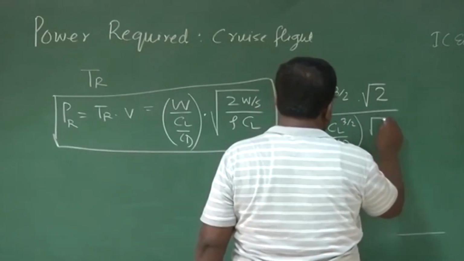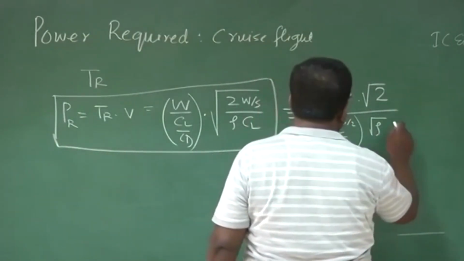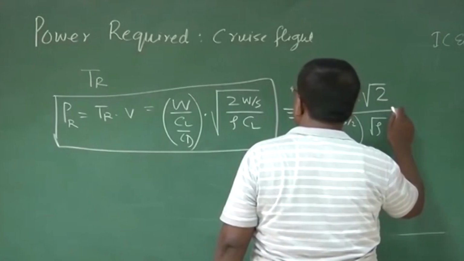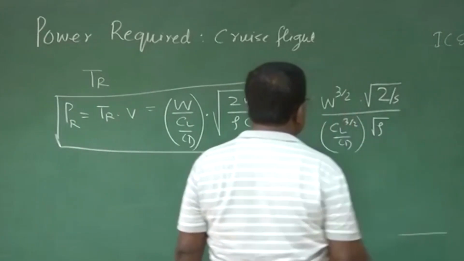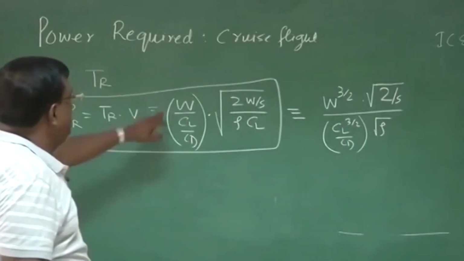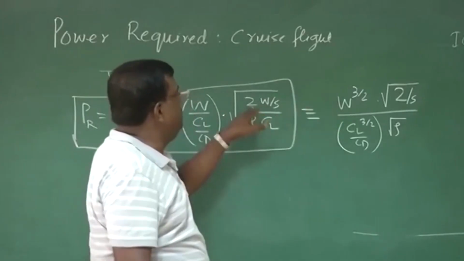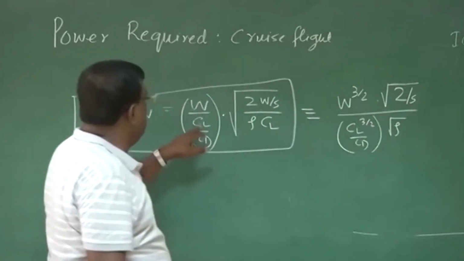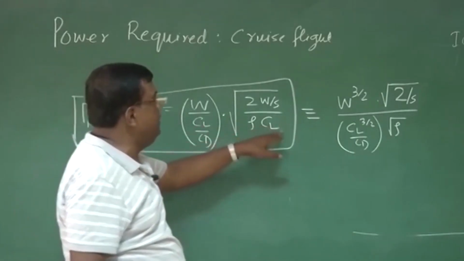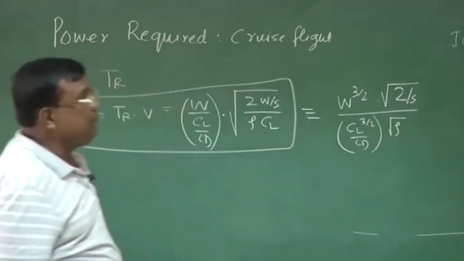Here again I write root rho, and somewhere this root of S also will come, so I club it here, 2 by S. Is it okay? Let us check. W and W to the half is W to the 3 by 2, root 2 is here, and S I put it here, and CL and CL to the half is CL to the 3 by 2, CD is here, and rho, right?